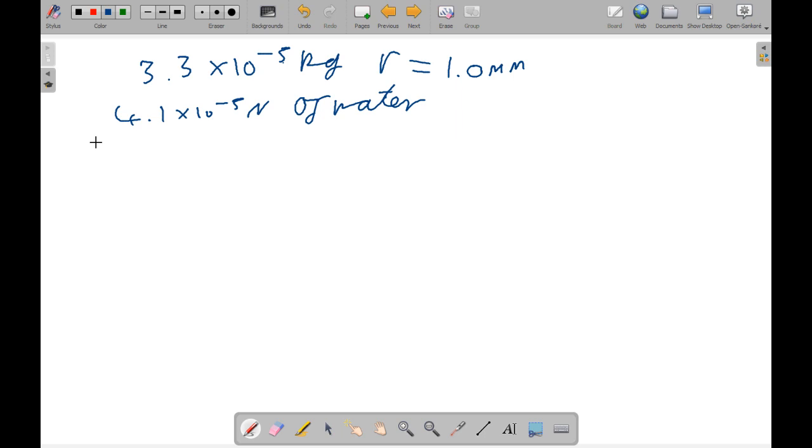It's allowed to fall through the water until it reaches its terminal velocity. So calculate the terminal velocity if the viscosity of the water is 1.1 times 10 to the minus 3 N s m^-2, or Pa s for pascal seconds.